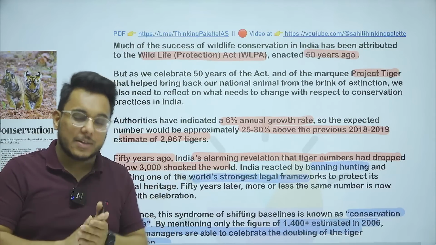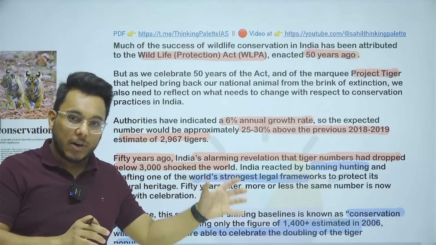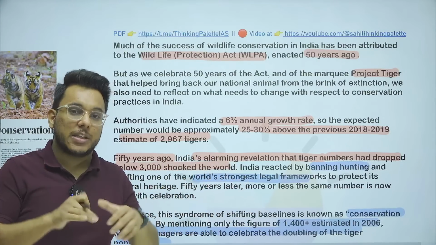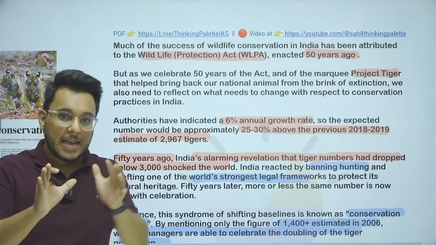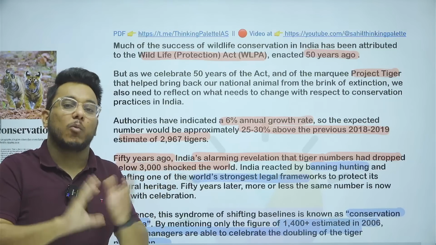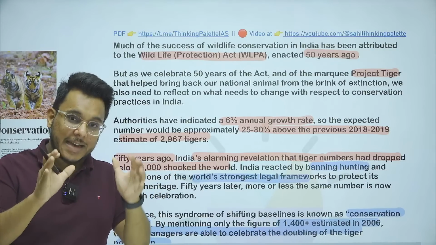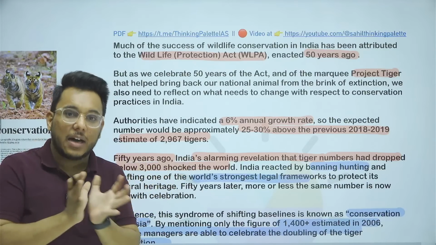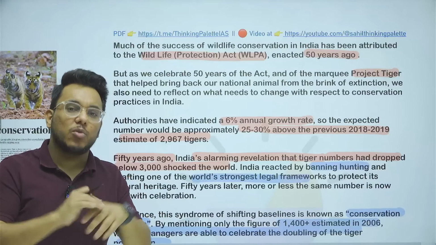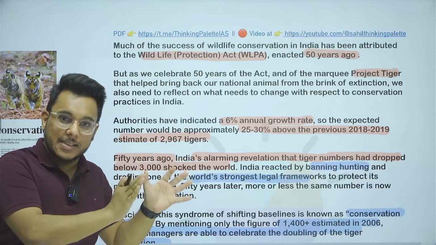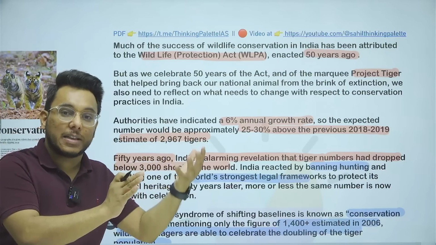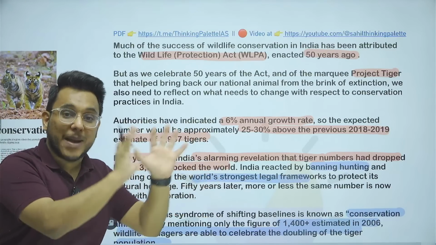One more thing: last year, the government announced that from now onwards there will be a joint census of the tiger and the elephant. Why? Because tigers and elephants are both found in the same kind of region, so why do separate exercises? The tiger census is held by spotting tigers and through camera traps.